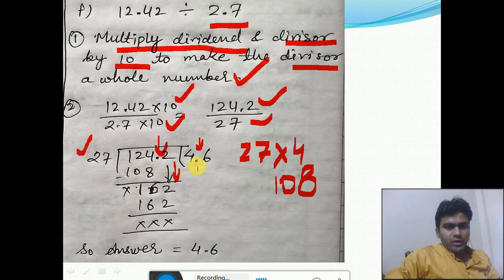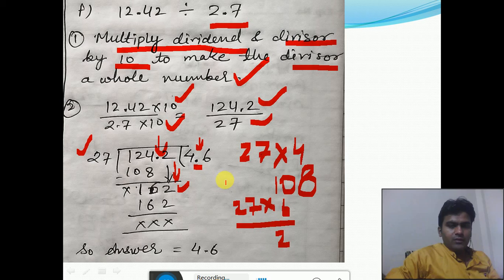Put the decimal point here at this place and then write down the 2 here. Now the number becomes 162. Now read the table of 27. You can read the table of 27 by multiplying 27 into 6. So 6 7s are 42, carry over 4, 6 2s are 12, 12 plus 4 is 16.